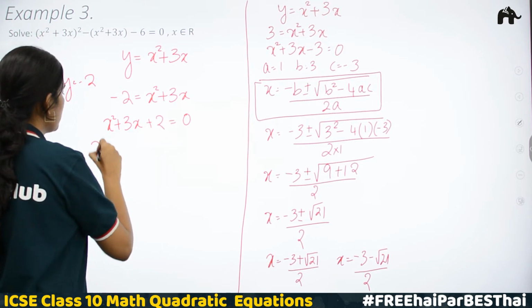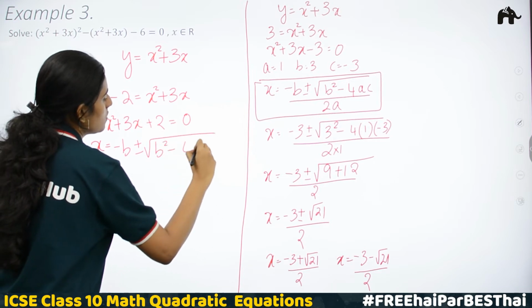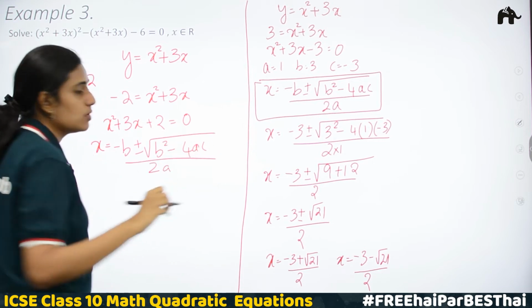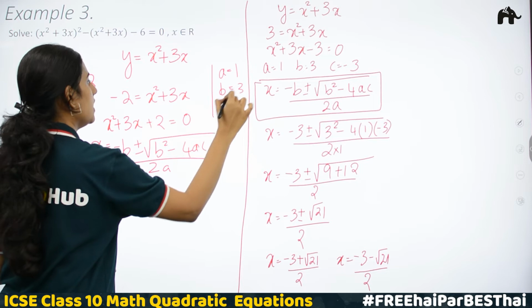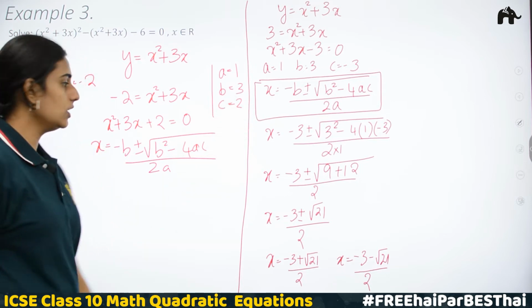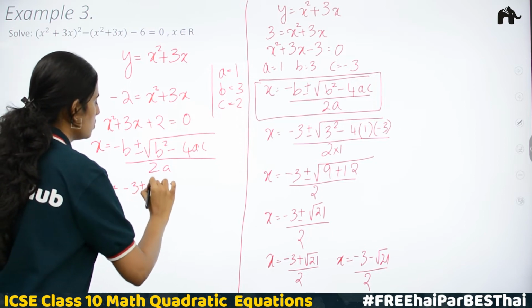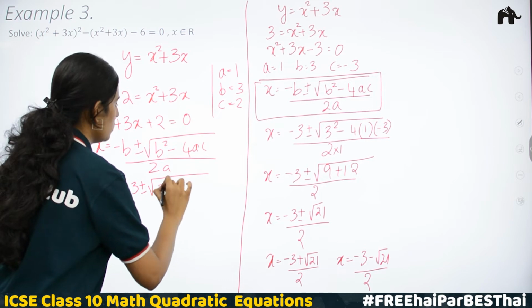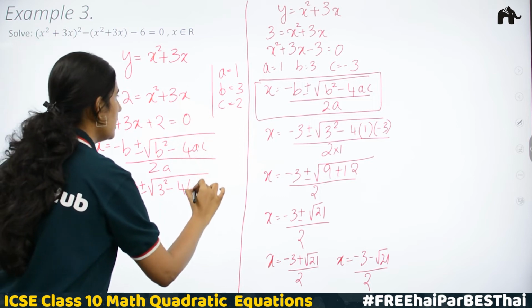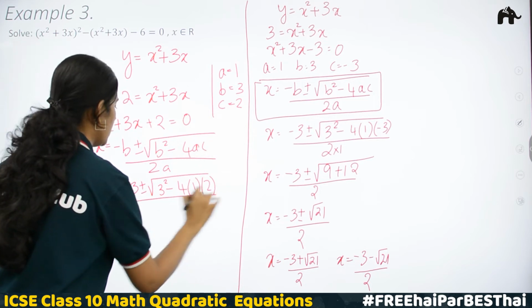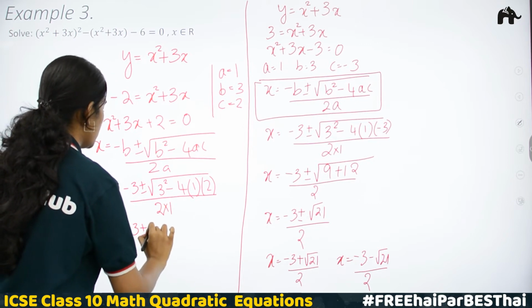Now solving using the quadratic formula, x = (−b ± √(b² − 4ac)) / 2a. Here a = 1, b = 3 and c = 2. x = (−3 ± √(3² − 4 × 1 × 2)) / (2 × 1).